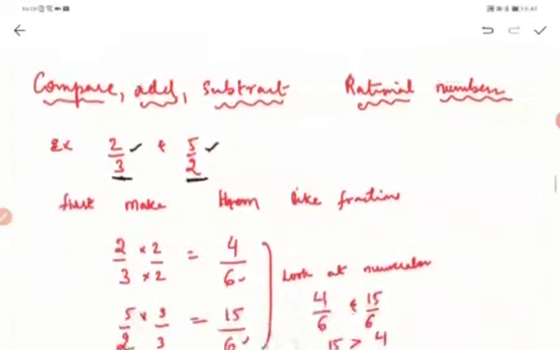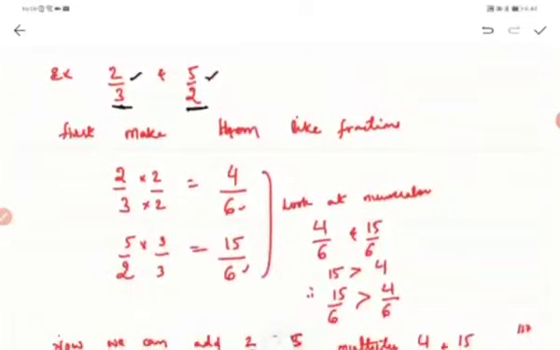Okay, so here in one example I did 2 into 2, and once the denominators are equal, then you can easily compare the numerators, right? So for 2 by 3, multiply and divide by 2. So you will get 4 by 6, right? For 2 by 3. And for 5 by 2, multiply and divide by 3. So you got denominator 6 in both the numbers.